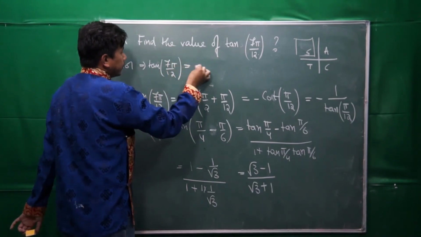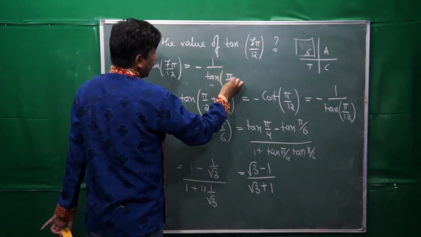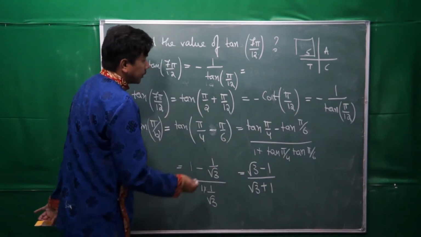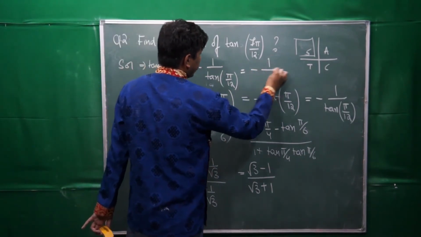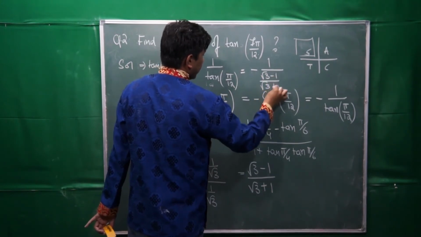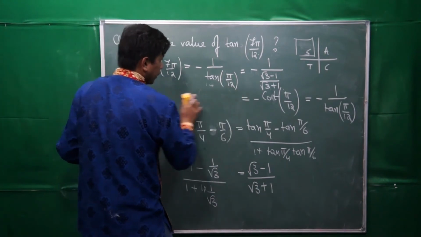It is equal to negative 1 upon tan pi by 12, which is equal to negative 1 upon root 3 minus 1 over root 3 plus 1.